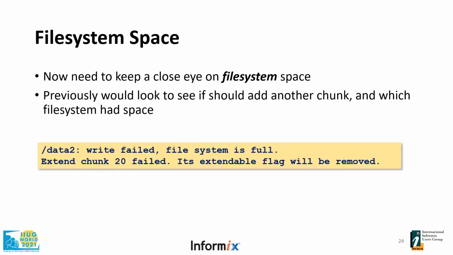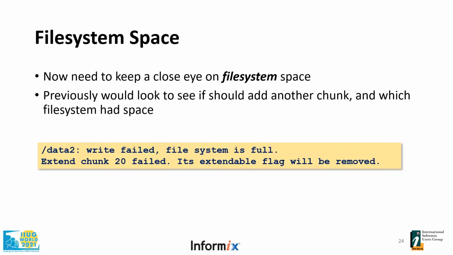Okay, so previously, when you're adding space, you normally go through this process, right? And you're like, okay, this DB space is growing this fast. I've got these chunks. I'm using these file systems. This file system's getting kind of full. So I'm going to add a chunk on this other file system where I've got a lot more free space.